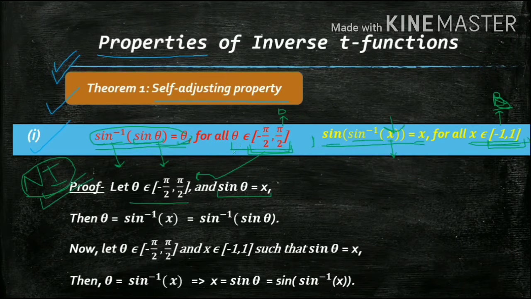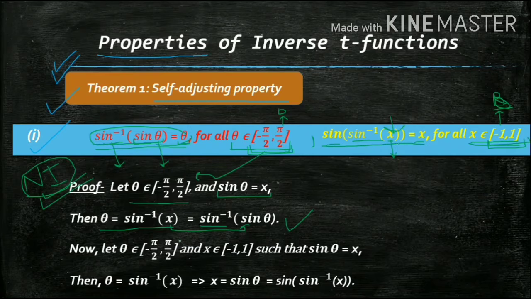Now if sine theta equals x, then theta can be written as sine inverse x, the simple definition for inverse function. Now in place of x, I write sine theta because sine theta is x. So theta equals sine inverse of sine theta, for this theta. So hence proved for the first one. Clear?